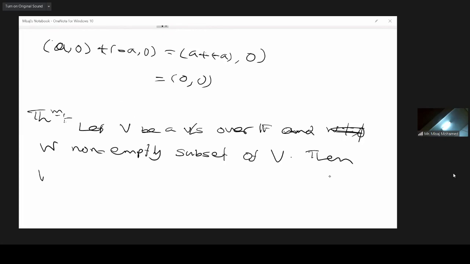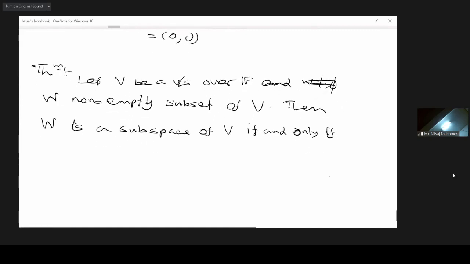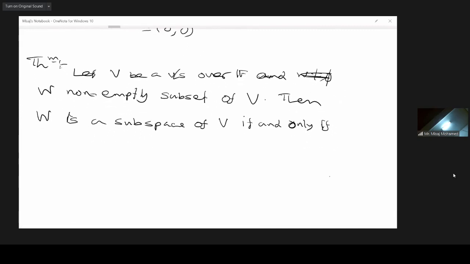Then W is a subspace of V if and only if the linear combination alpha, I will come to that later.